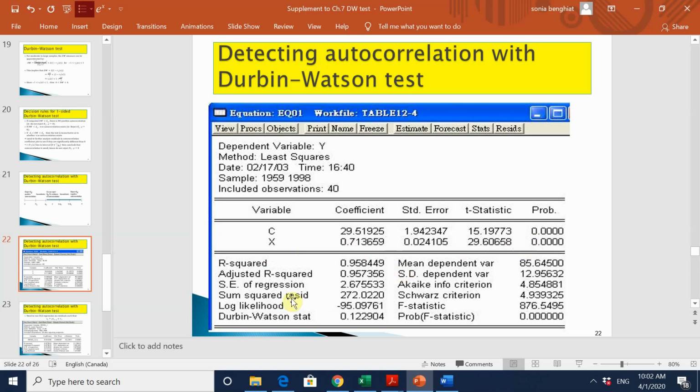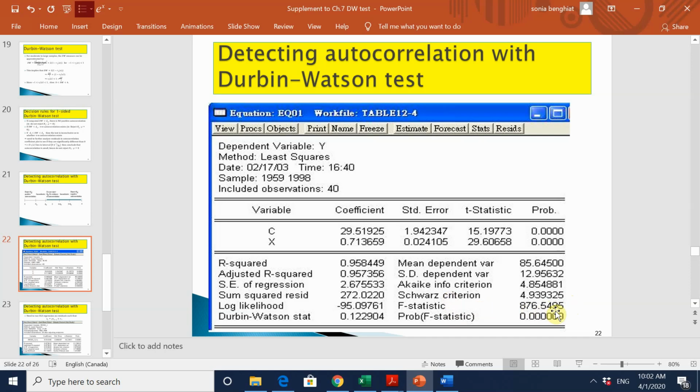We look at the F statistic, indicating a very good fit. The data fits very well for this model. We are getting a very good fit.